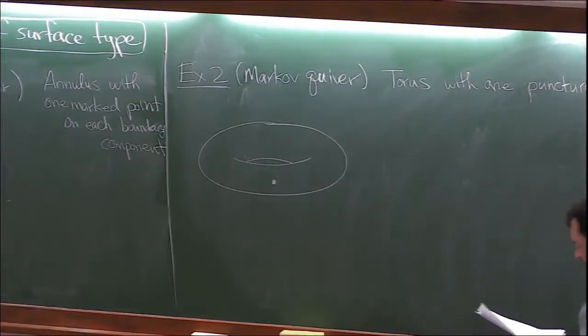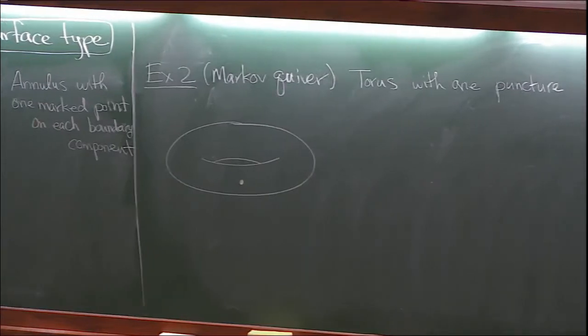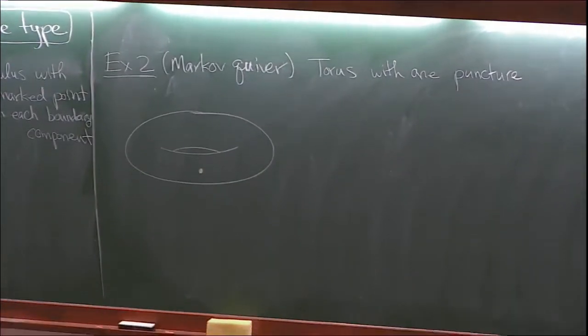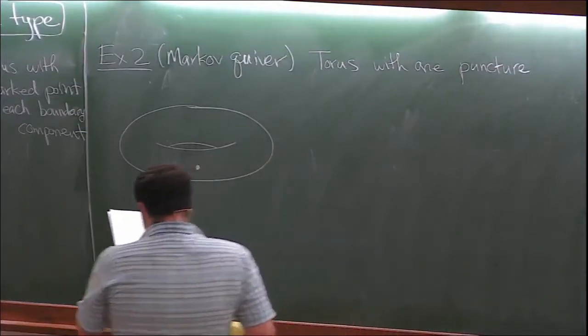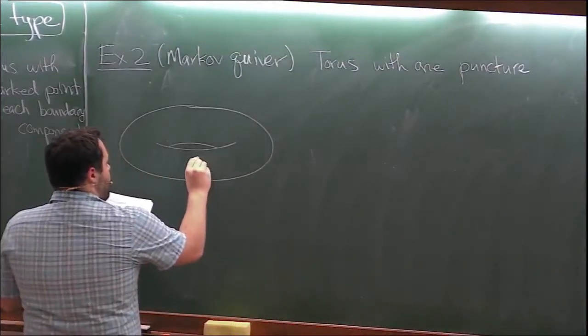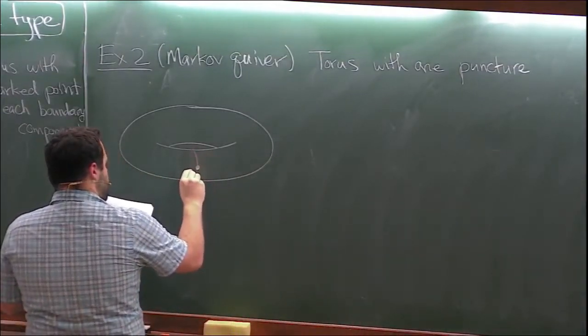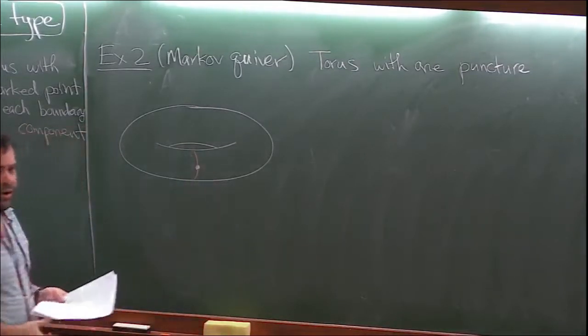So I'll draw a triangulation of this thing, and then I'll come back to these pictures when I want to draw the quivers in a bit. Okay? So I need a lot of colors. So here's one arc.